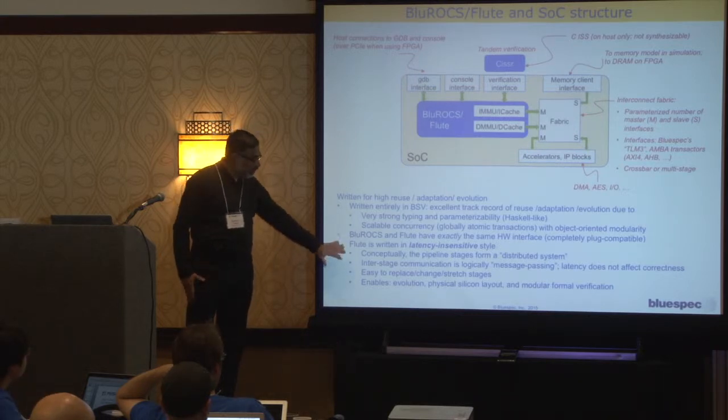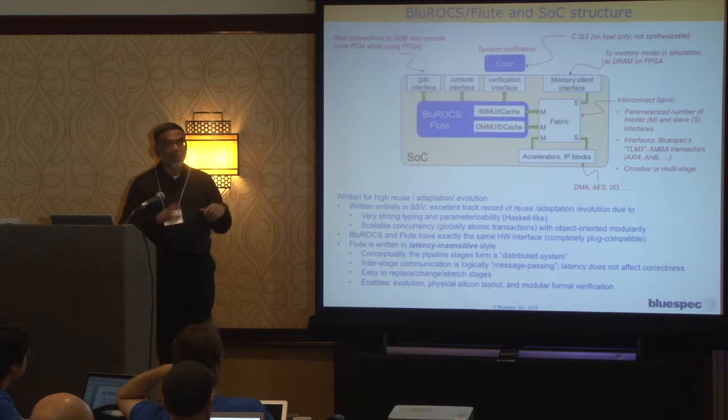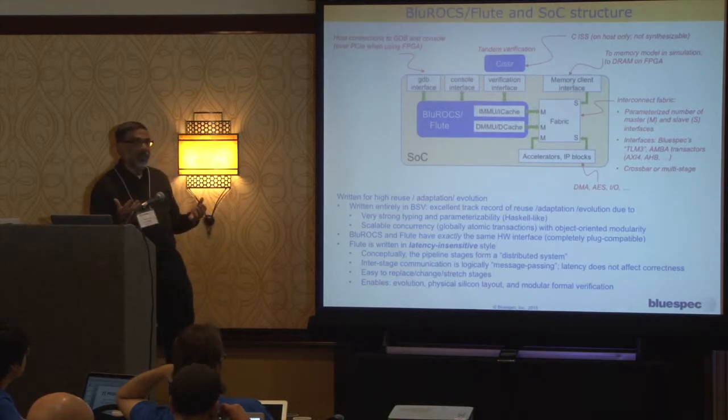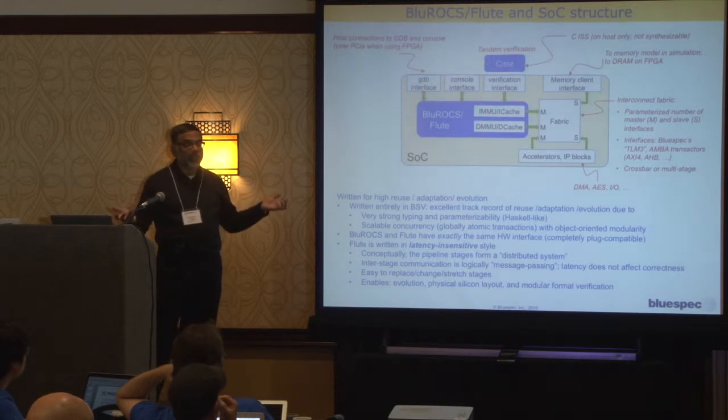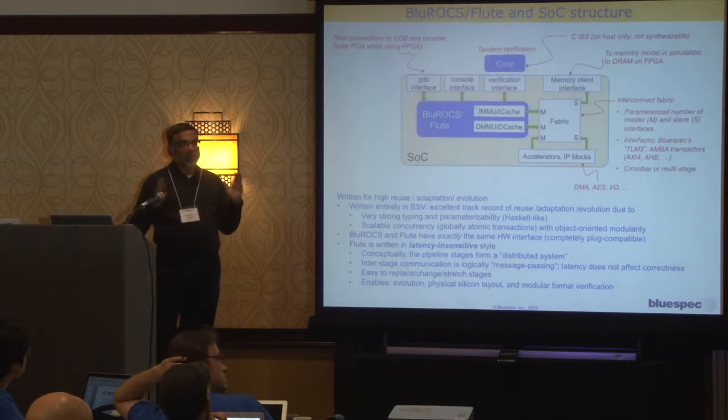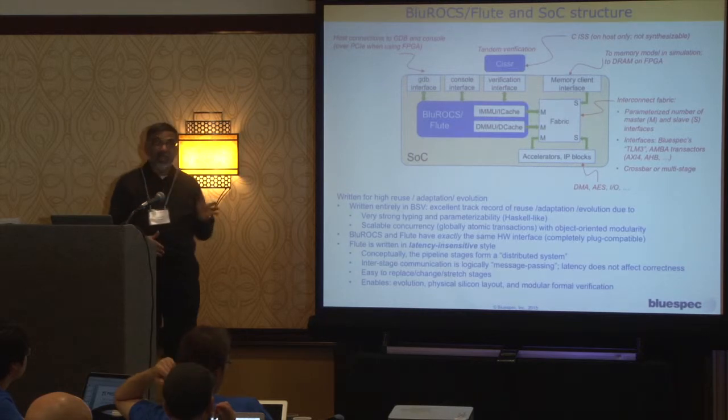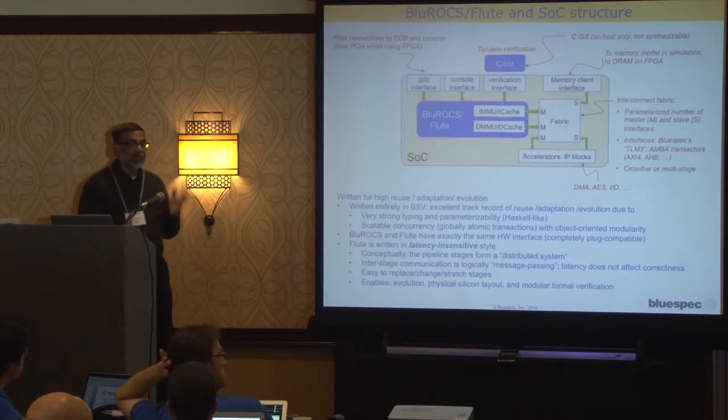So basically, this makes it very easy to replace a stage with a different implementation that may have a different latency, or stretch a stage into multiple stages, for example. None of those transformations has any effect on functional correctness. It can, of course, have serious effects on performance, but it doesn't have any effect on functional correctness.